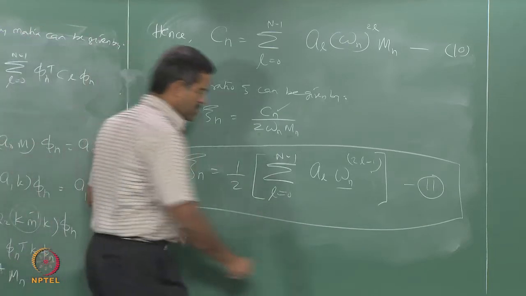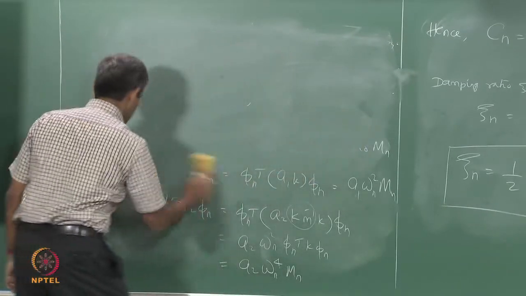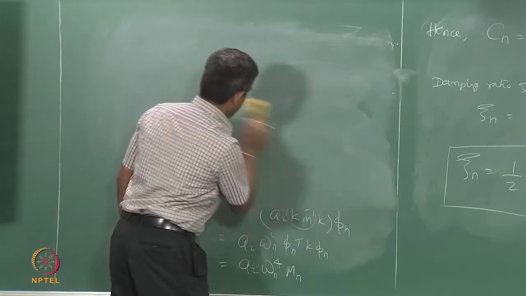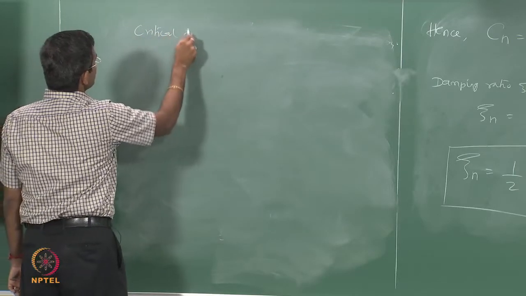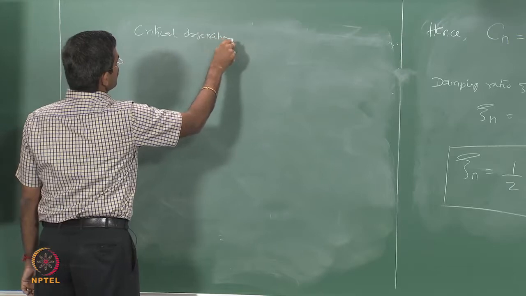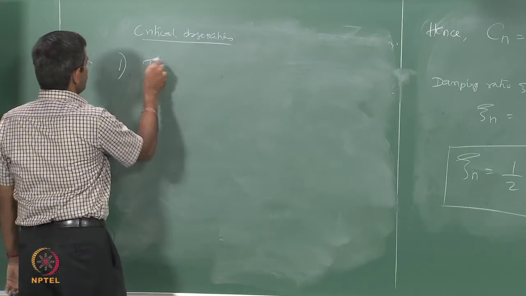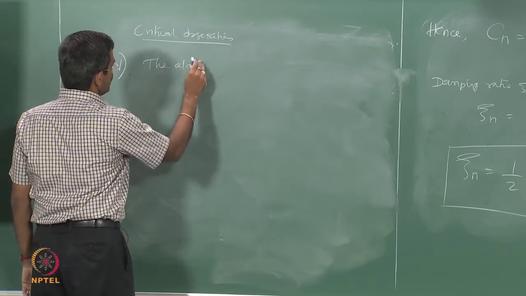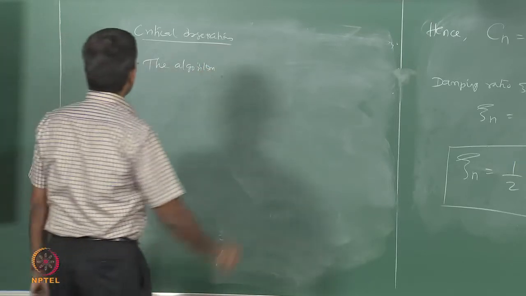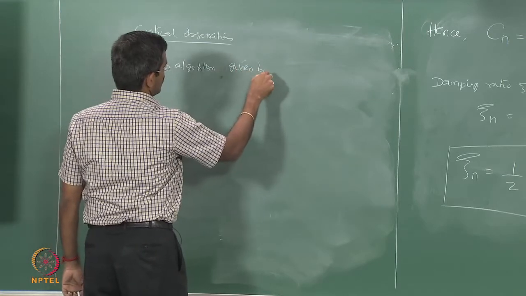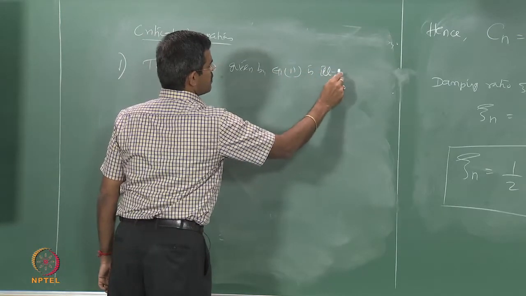There are some critical observations on this equation. Let us see what are the critical problems with this Caughey damping model. The algorithm given by equation 11 is ill conditioned.